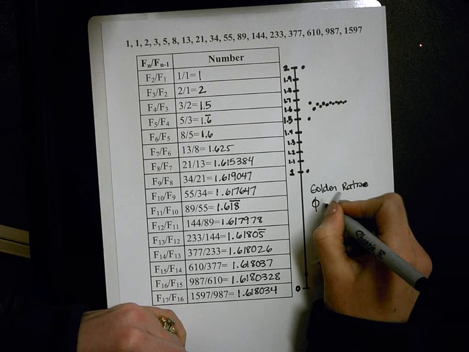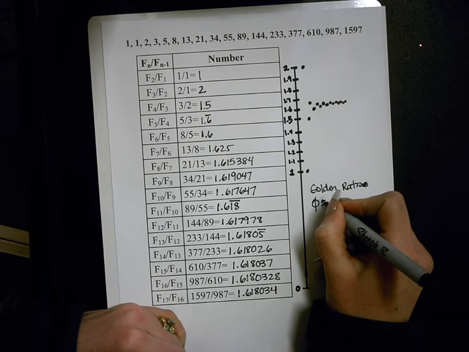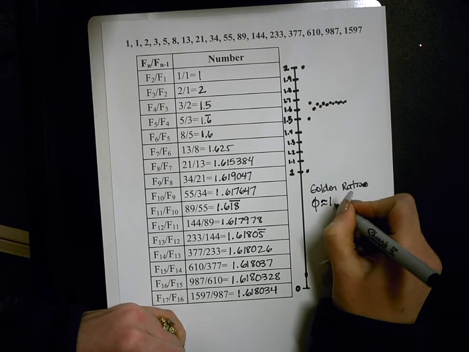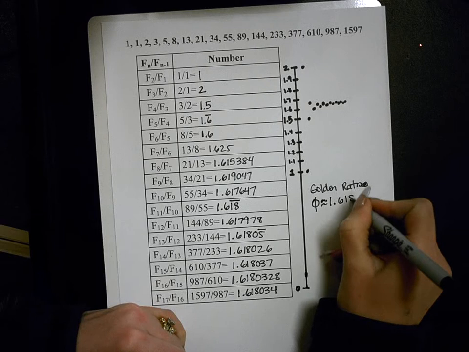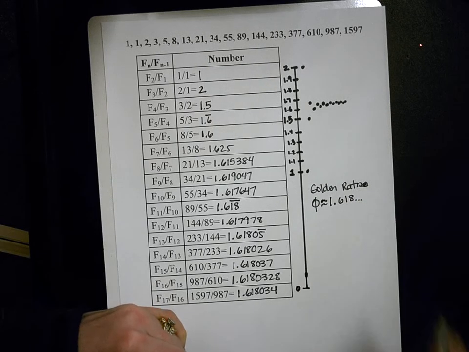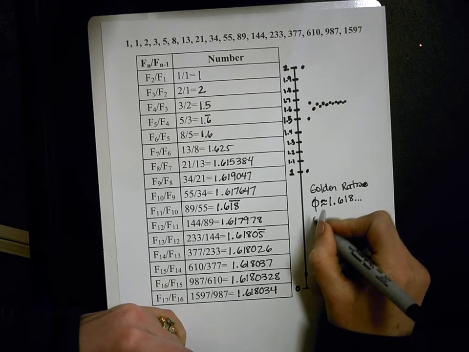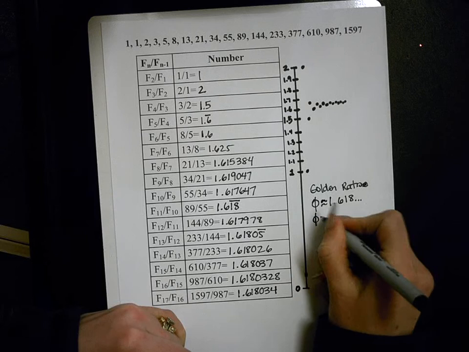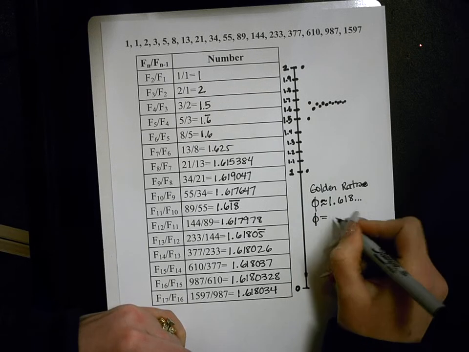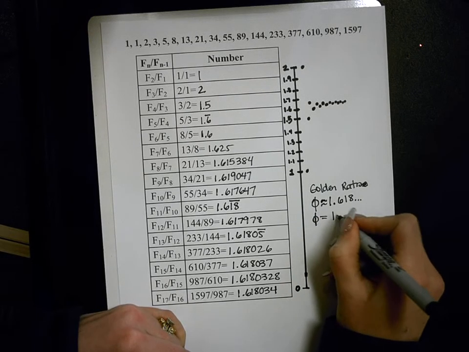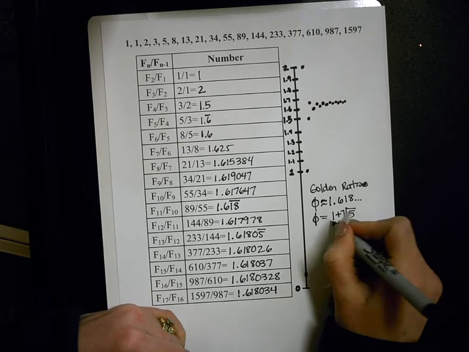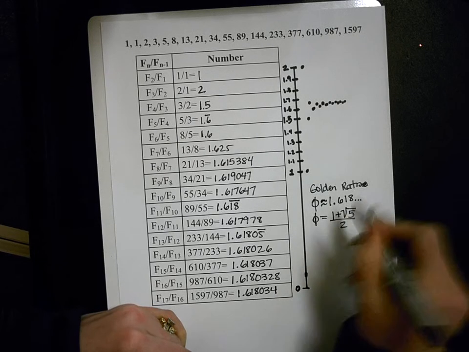And it's approximately, and I say approximately, 1.618. But what I'm going to say phi is equal to is the algebraic notation of 1 plus the square root of 5 over 2. Now that's exactly what this number is.